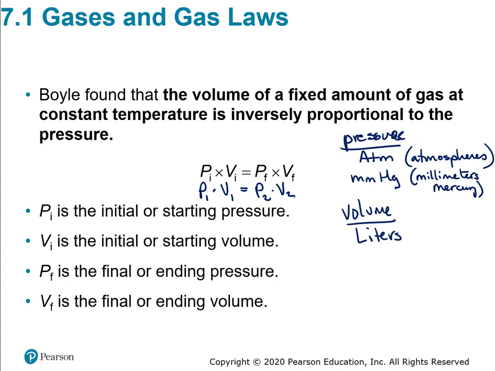So initial, final, 1 and 2, you can use either one, whichever is easier. You will know 3 of the 4 values, so then it's just a matter of solving for the one that you don't know.